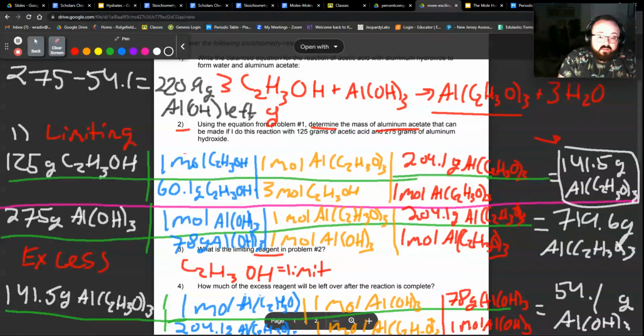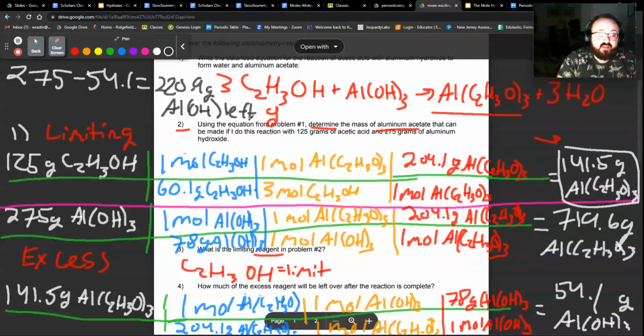Oh my goodness, this was a lot. So before the last thing, this is what is known as a theoretical yield. Theoretically, if 100% of every single atom reacted, and nothing was lost, I would end up with a perfect 141.5 grams.